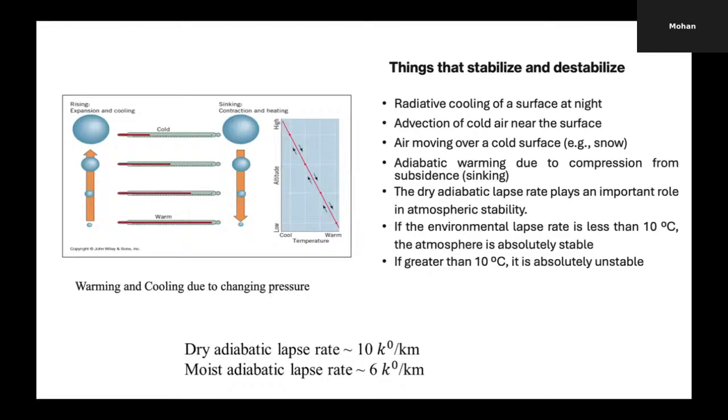Now the question is, what kind of conditions in the atmosphere can stabilize or destabilize this instability? I mean, whether they can enhance or suppress it. What kind of scenarios can we come across? One is the radiative cooling of the surface at night. You can see this in two cases.